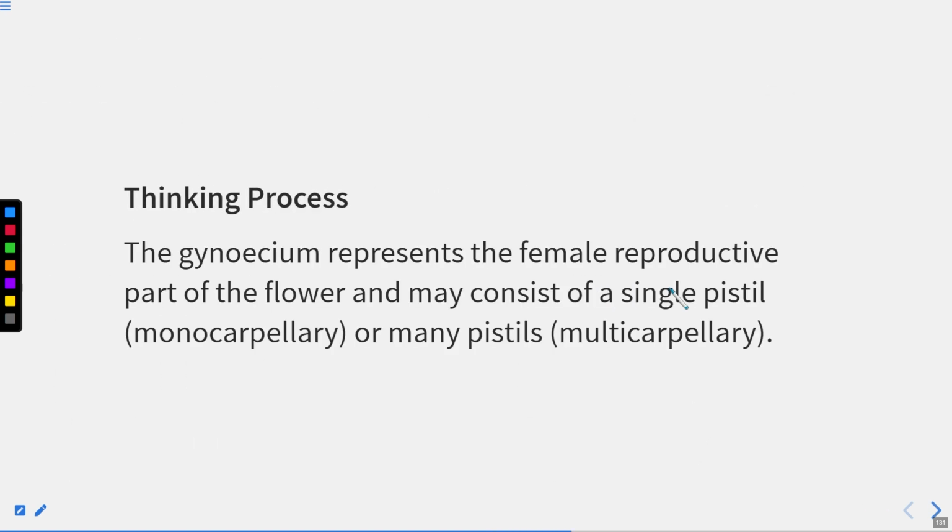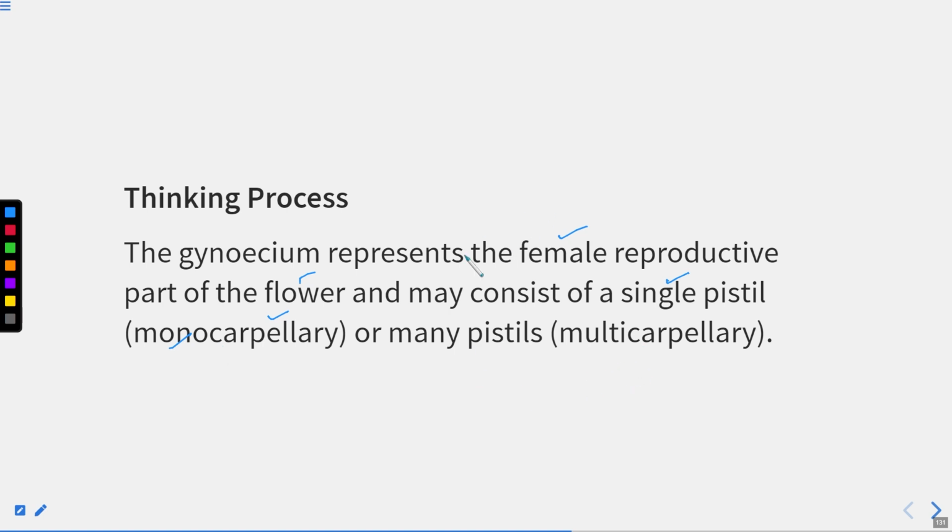Okay. Now the gynoecium, which is the female reproductive part of the flower, consists of a single pistil. When a single pistil is present, it is known as monocarpellary. Mono means one, so monocarpellary means one carpel.